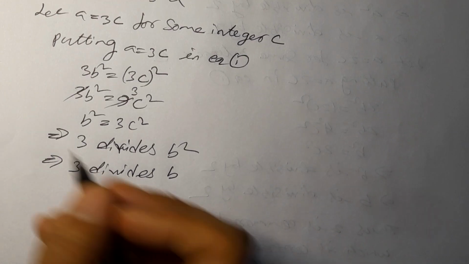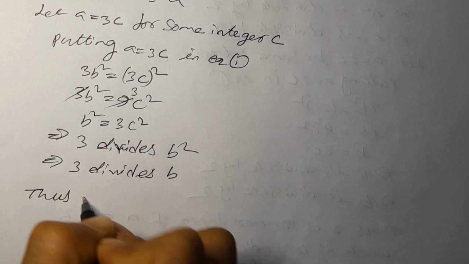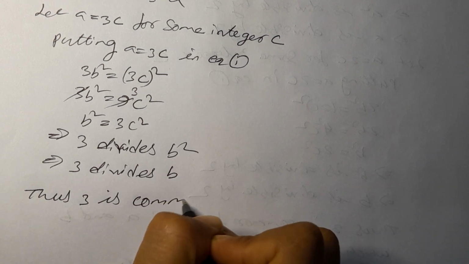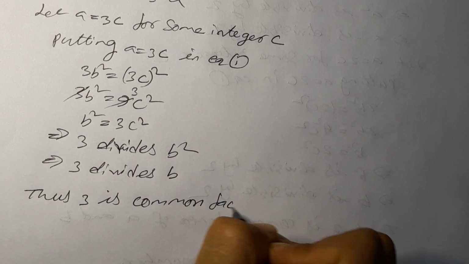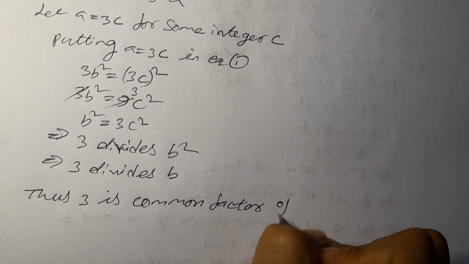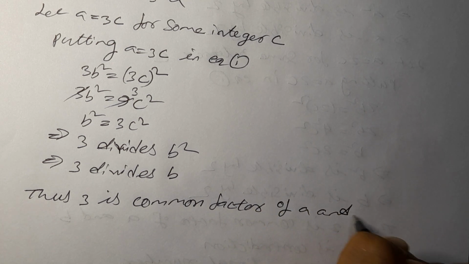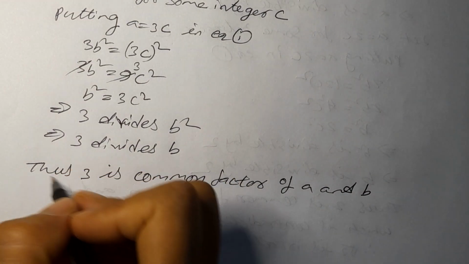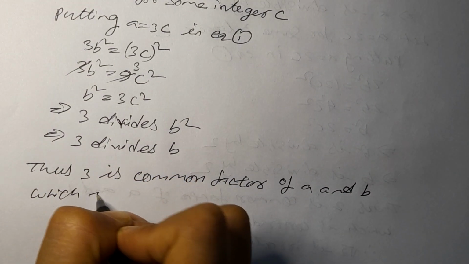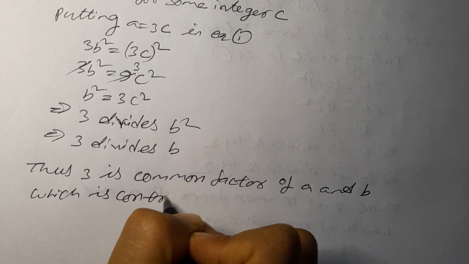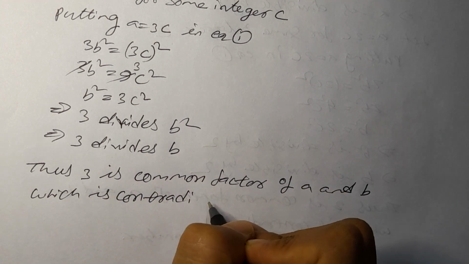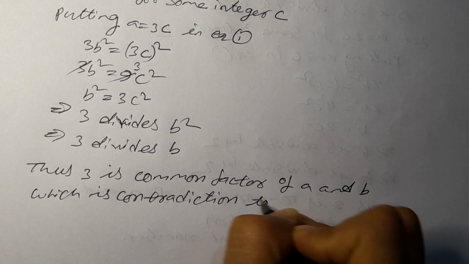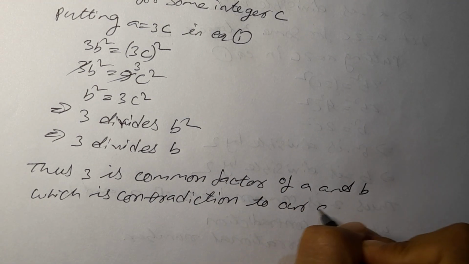Now we got the common factor, thus 3 is a common factor of a and b, which is a contradiction to our assumption.